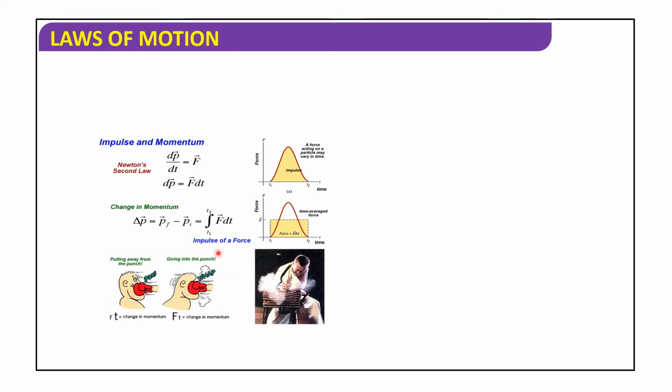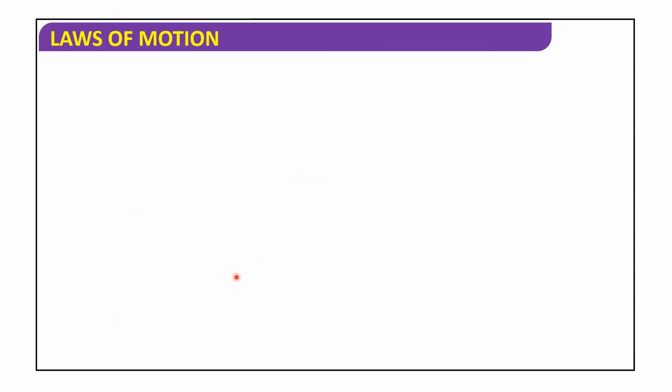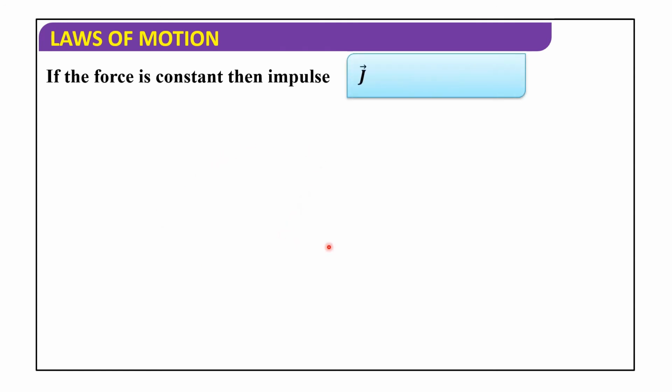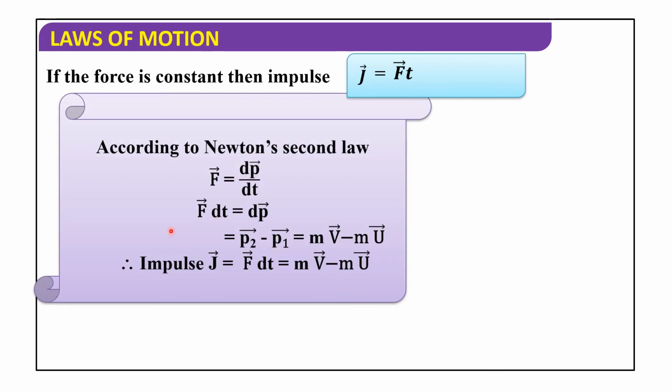This can be written as the integration of F̄ dt from t1 to t2. If the force is constant, then impulse J = F × t. According to Newton's second law, F = dP/dt. Taking cross multiplication, F dt = dP. So this can be written as P̄2 − P̄1.